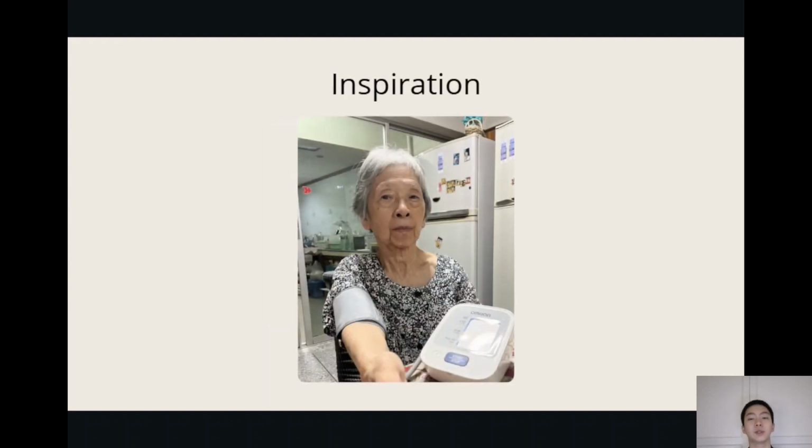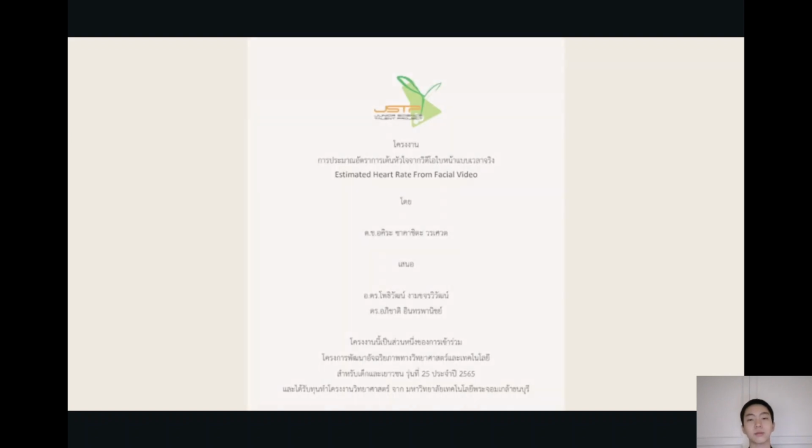The idea of this project came to me when I saw my grandmother feeling very uncomfortable while measuring her blood pressure. The machine needs to inflate a band tightly around her arm, which causes her a lot of discomfort. Also, in my junior high JSTP project, I worked with photoplethysmogram, or PPG, signals to calculate the ground truth for heart rate estimates.